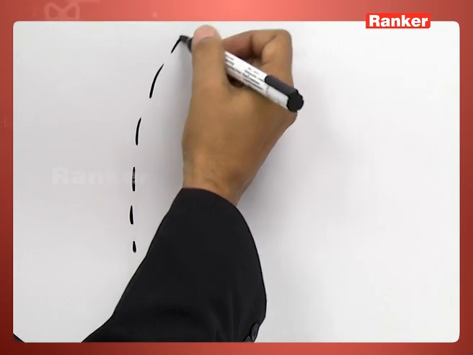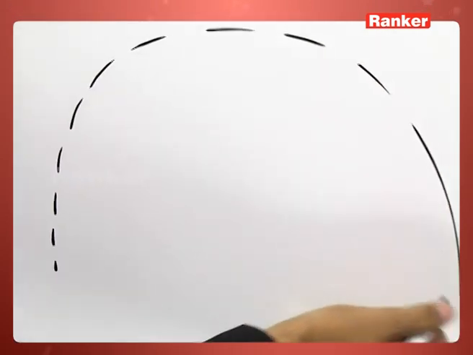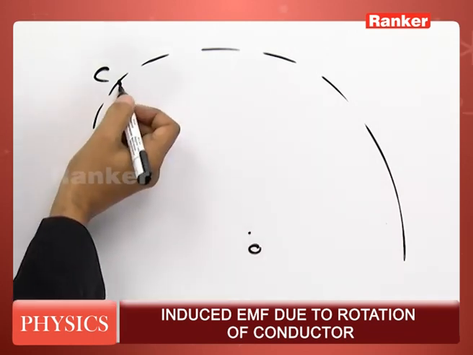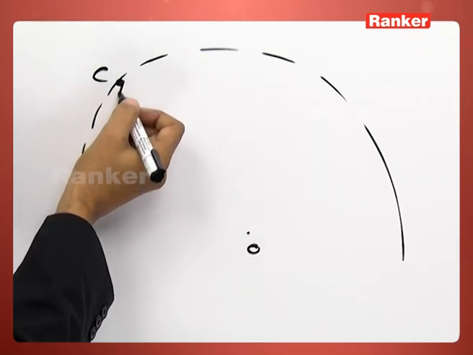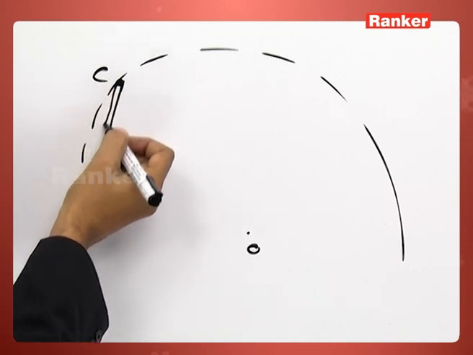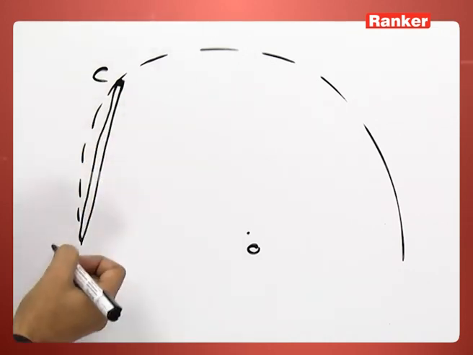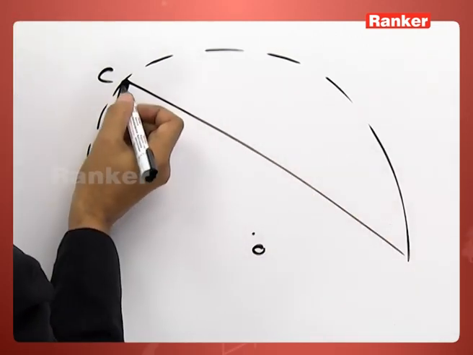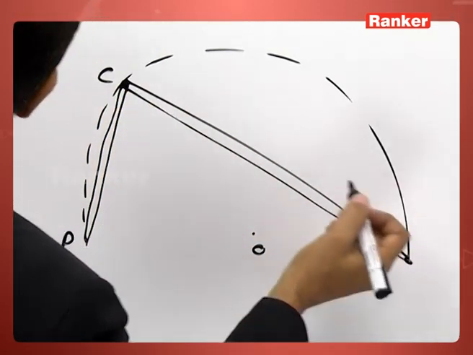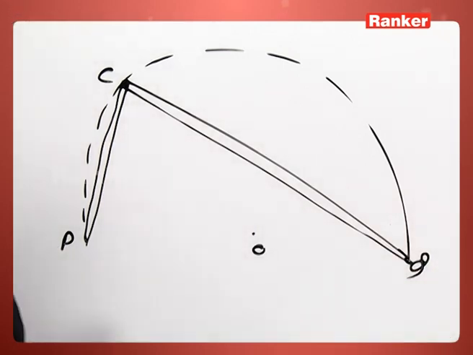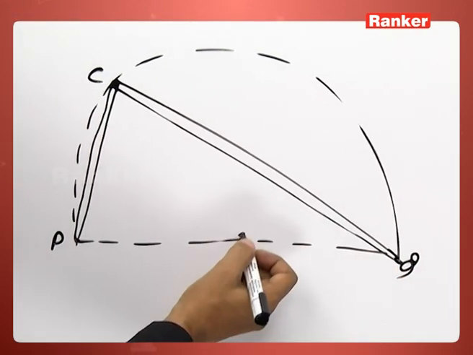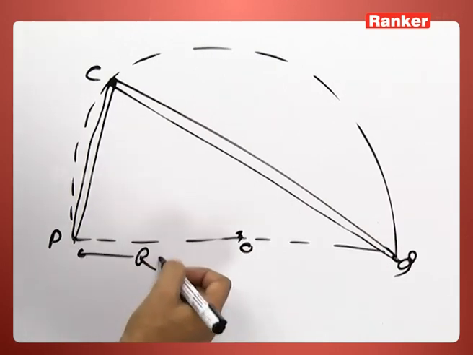It is equivalent to one conductor like this, PC, and another like this, CQ. And now the main point is the determination of these lengths.